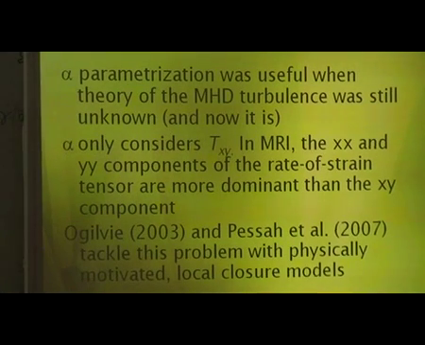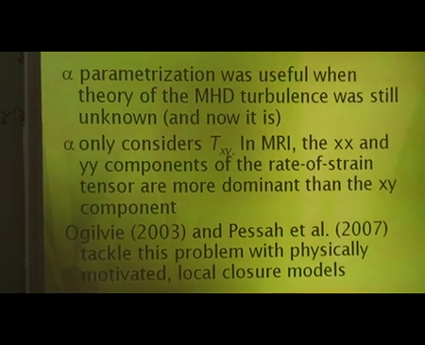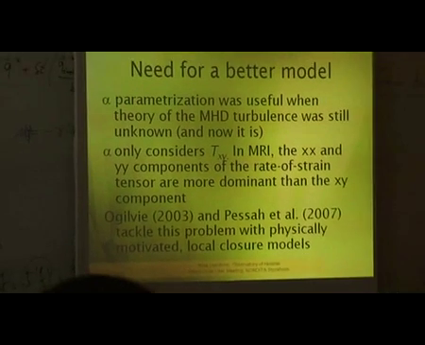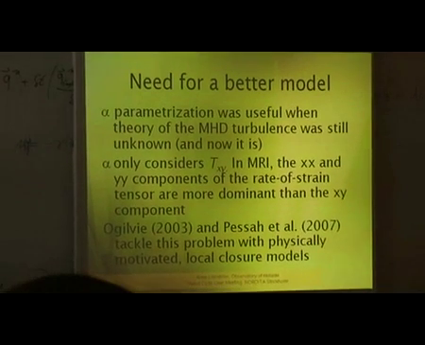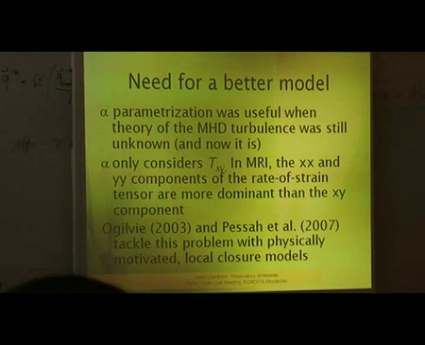So there's obviously some need for a better viscosity model. Or not viscosity model, but a way to bridge the gap between theory and observations. Now, this alpha parameterization was useful when there still was no good theory of MHD turbulence, and now there is the MRI.